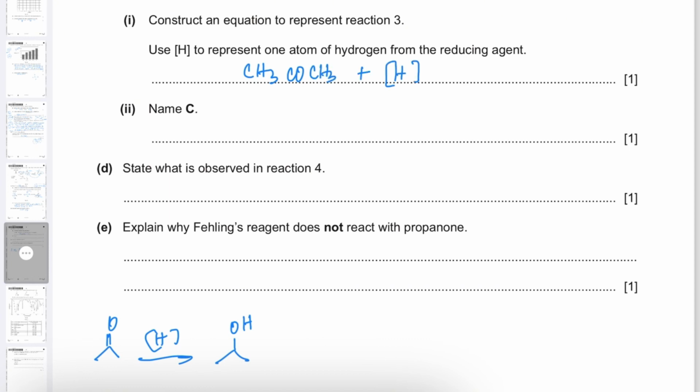It reacts with the reducing agent to form CH3CH(OH)CH3, putting the hydroxyl group in brackets because it's a substituent. Now here you have 6 hydrogen atoms and there are 2 more hydrogen atoms, so that's how you'll balance this equation. And you're supposed to name this product, which is propan-2-ol.